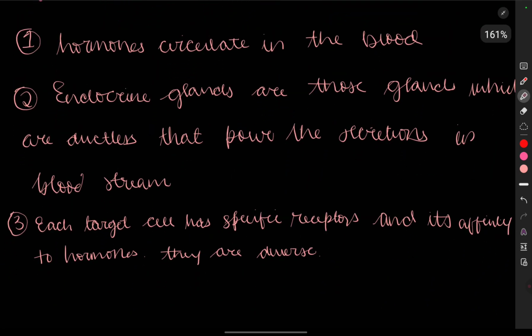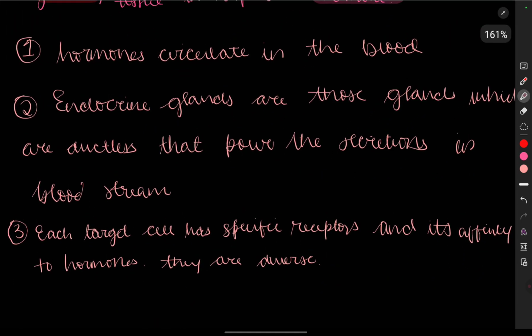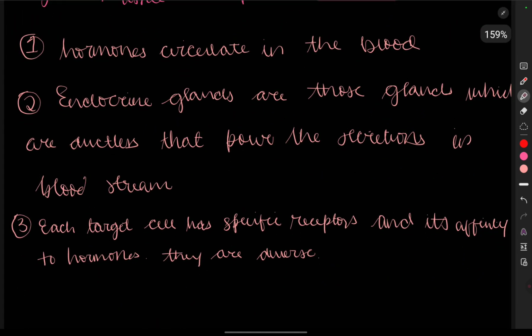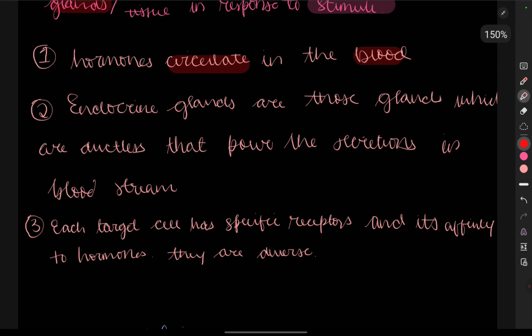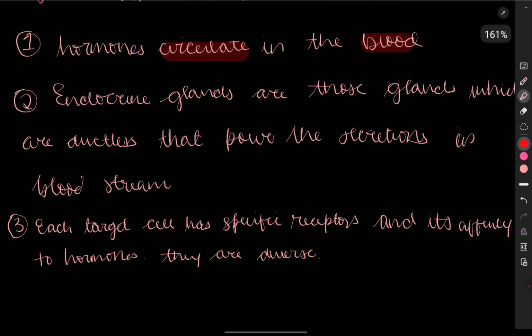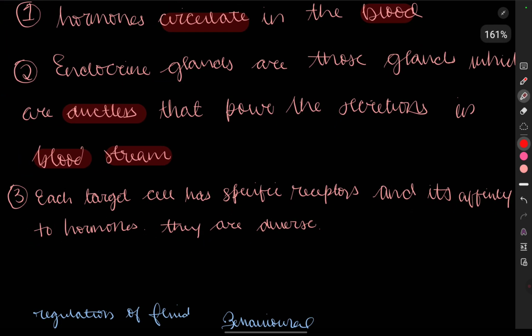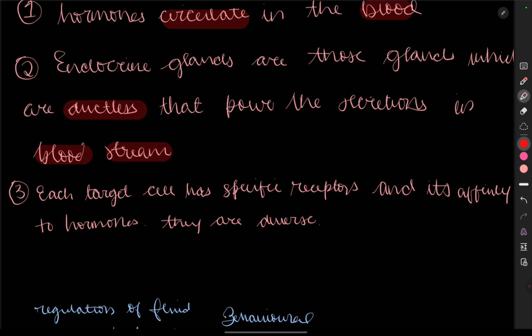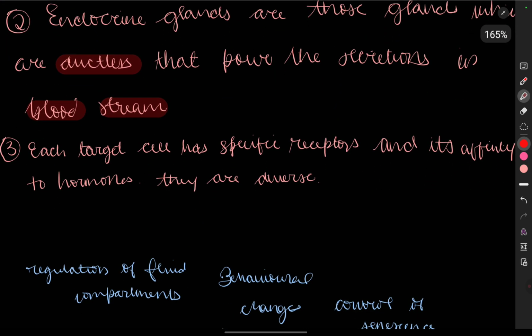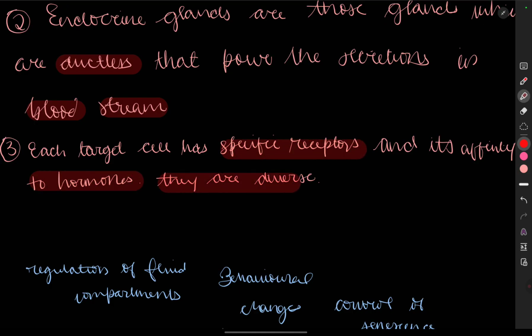Now, what are the important characteristics of the hormones? We shall see them one by one. Hormones circulate in the bloodstream. Endocrine glands are ductless, as I already mentioned, and they pour their secretion, the hormones, into the bloodstream. Each target cell has specific receptors and its own affinity to hormones, and they are diverse.